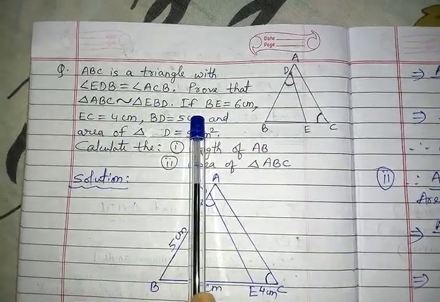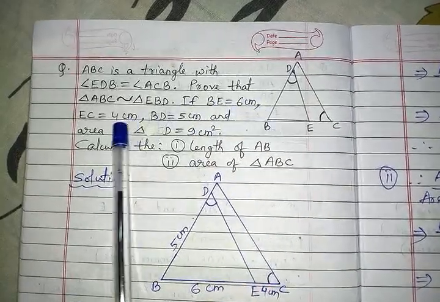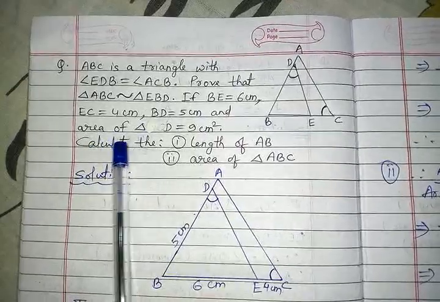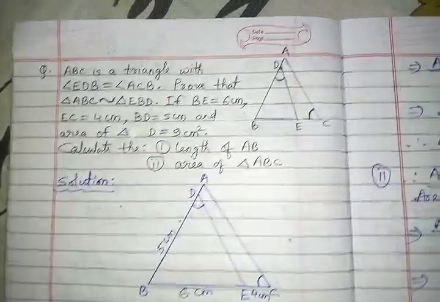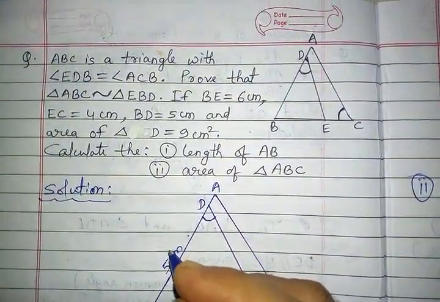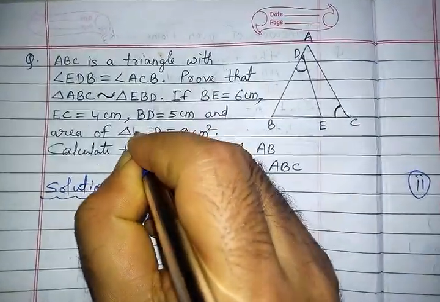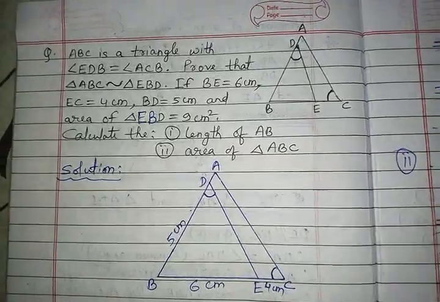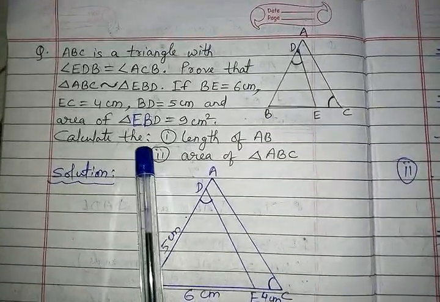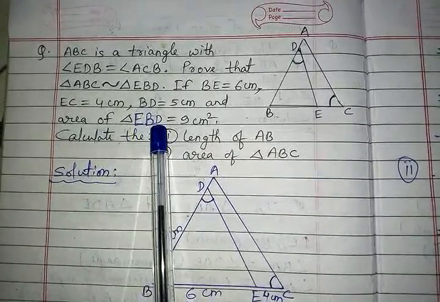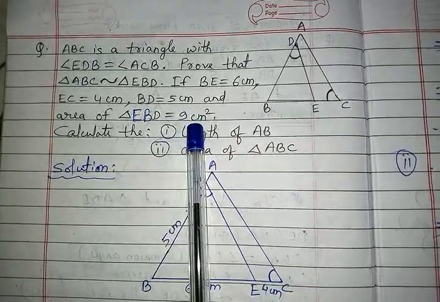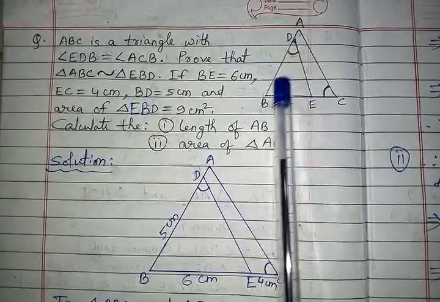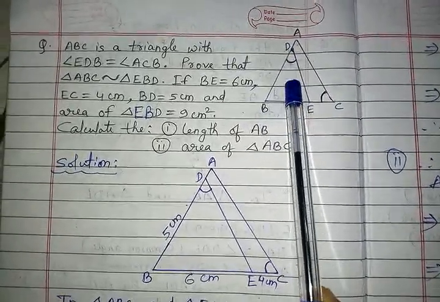And after proving, they are saying BE is 6 cm, EC is 4 cm, BD is 5 cm, and the area of, one small correction I have to make, I have to write EBD. So this part I had missed out. The area of triangle EBD is 9 cm square, the smaller triangle.